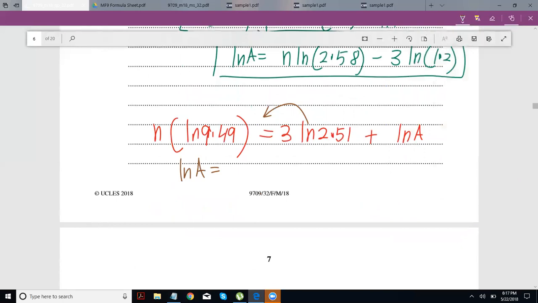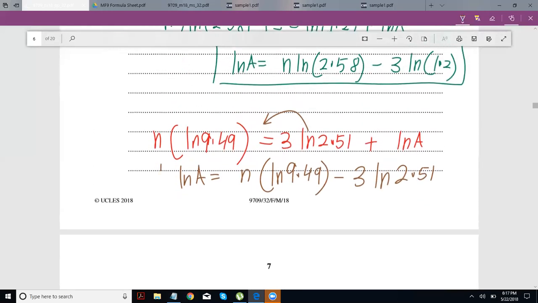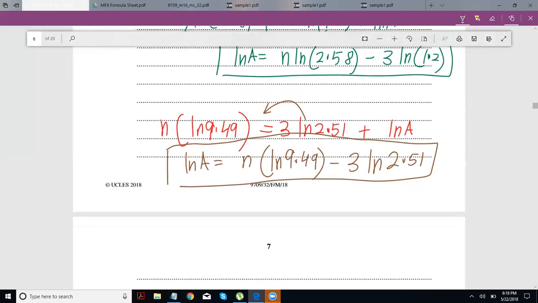This goes over there. So n ln 9.49 minus 3 ln 2.51. This is a pretty boring question, to be honest, because there's just a lot of calculation, not much logic, not much fun going on.